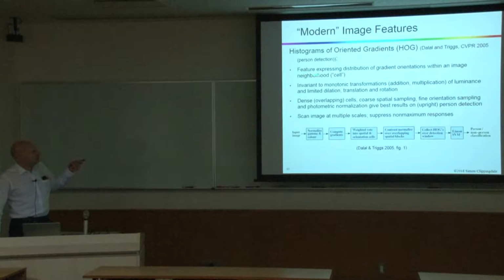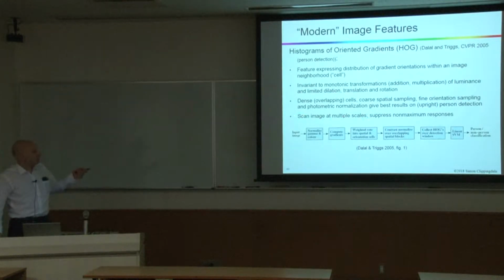This feature expresses a distribution of gradient orientations within a region of an image. And this also is invariant to monotonic transformations of luminance, so the lighting won't affect these features unless you get something like a sharp shadow going across the area in question, but just increasing or decreasing the whole brightness doesn't affect it.